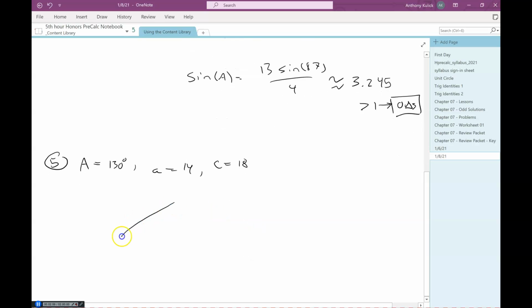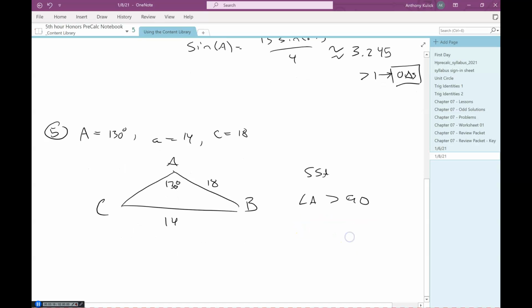Again, I'm going to just draw a quick little picture to make it easy to see that this is an SSA situation, right? Our angle A, though, is obtuse. And then we notice that side A is less than side C.